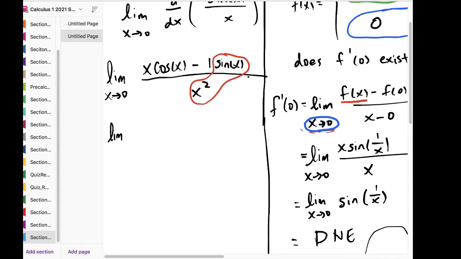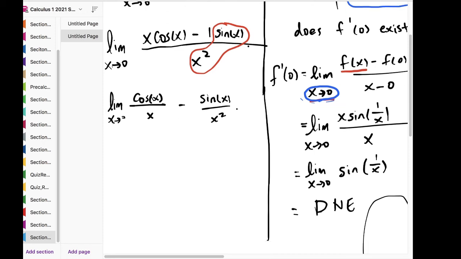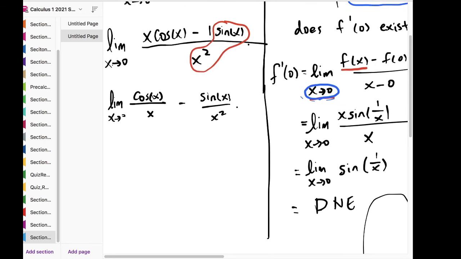If you split up the fraction, what do you get? You get cosine x over x, because one of the x's gets canceled, minus sine x over x squared. So now when you use the sine x over x identity, what's left over once you take the limit? Like once you actually do the limit, what's left over?